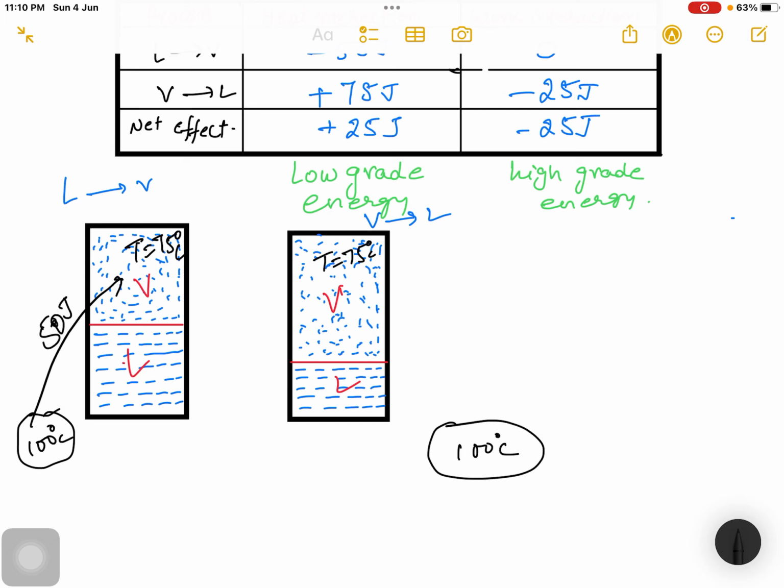So again I have to connect a device. Okay, again I am extracting a heat of 50 joules.